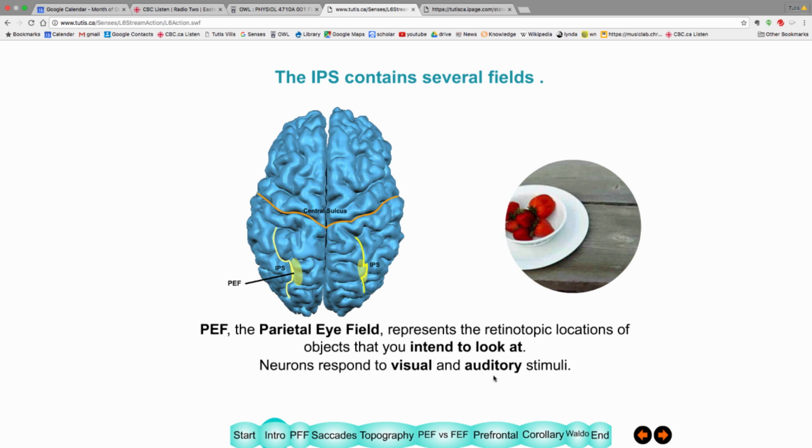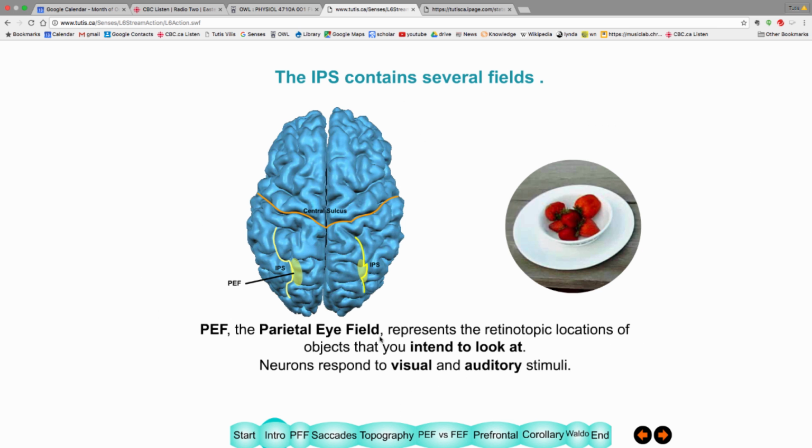Now, we'll go through several of these areas. One of these is called the parietal eye field, and it represents things with respect to the eye, the retinotopic locations. And neurons here respond both to vision and to auditory stimuli.